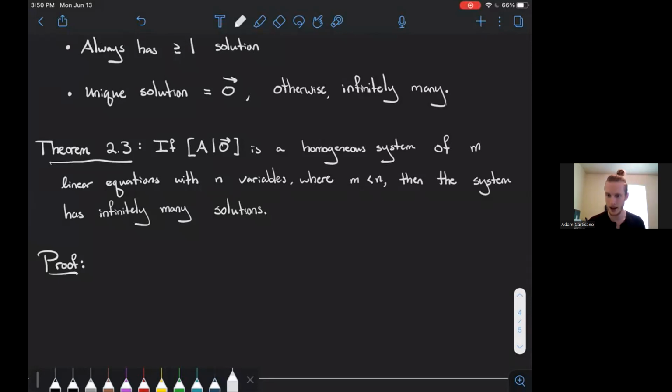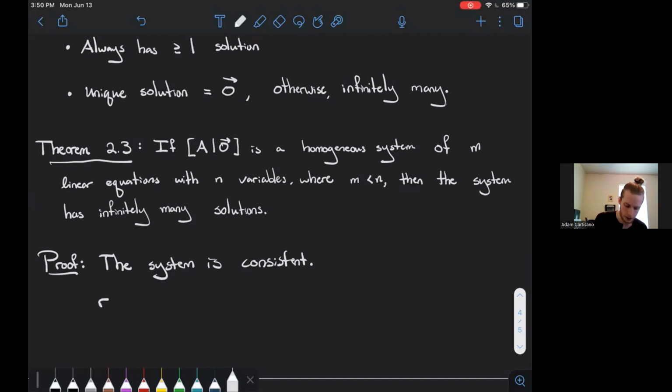When that happens, we have infinitely many solutions. So first of all, the first thing that we should mention is that the system is consistent.